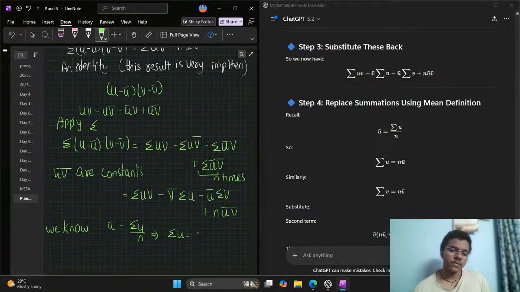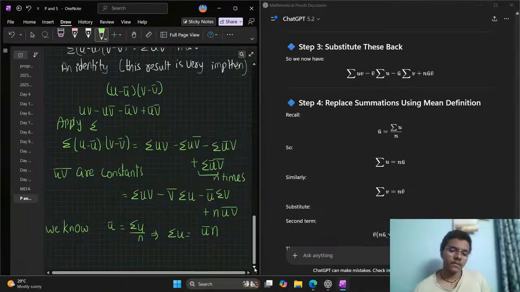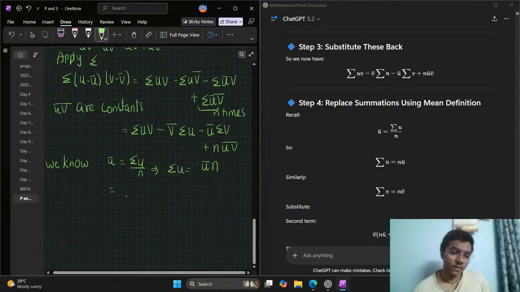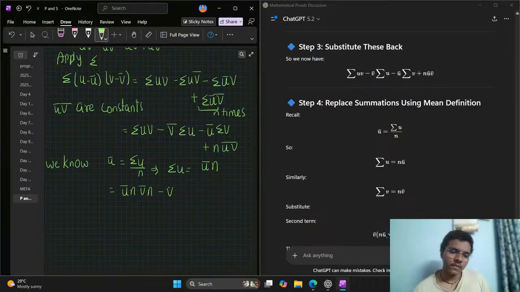So sigma u is u bar n. I will use this conclusion. So that is u bar n v bar n minus v bar u bar n minus u bar v bar n.